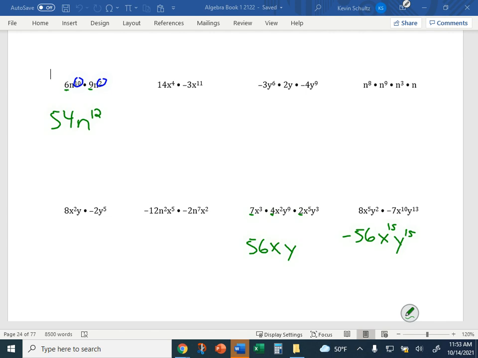Ifan? 10. A total of 10. 3 plus 2 plus 5. Then for my base of y, I don't have any in the first term, but I've got 9 in the second, 3 in the third. What is that a total of? Carly? 12. So my simplified expression is 56, x to the 10th, y to the 12th.